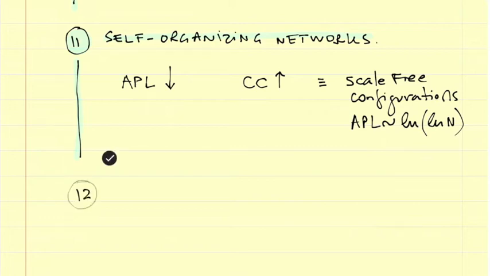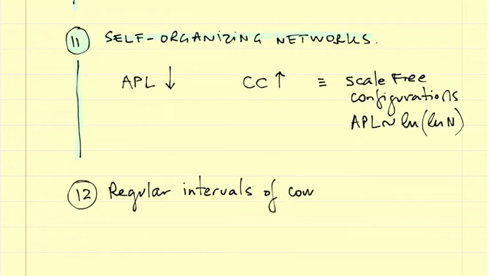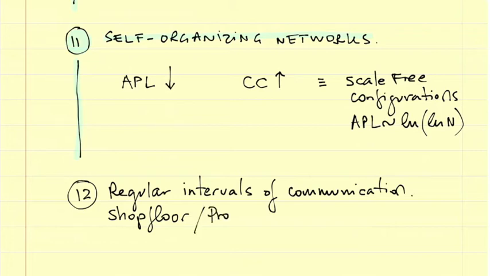Number 12 is that we're looking for regular intervals of communication. Some people call this shop floor or process management.